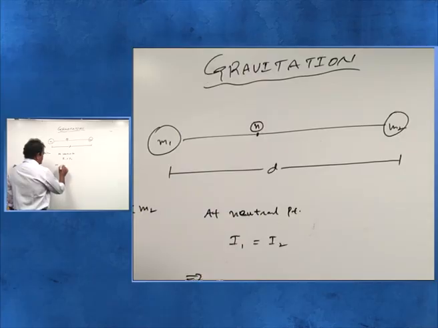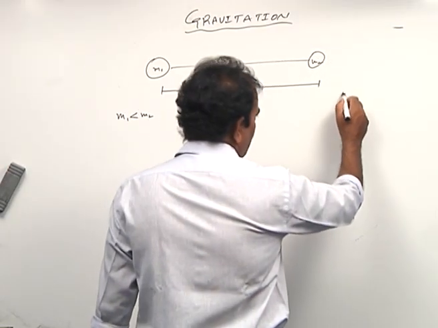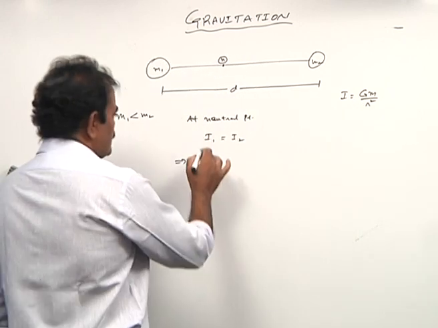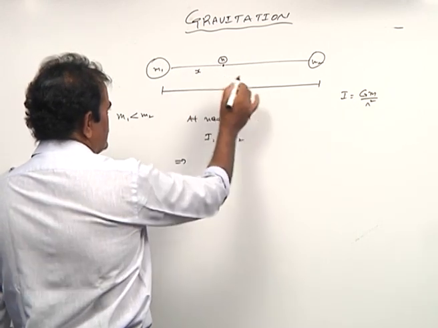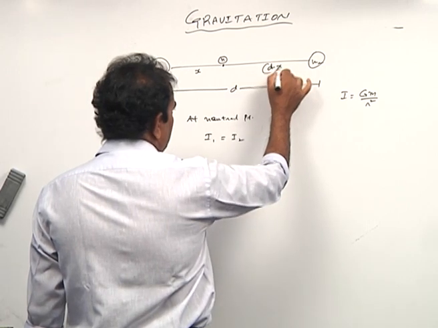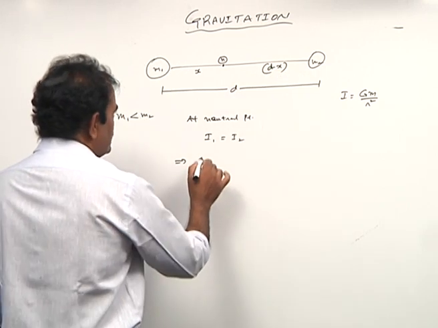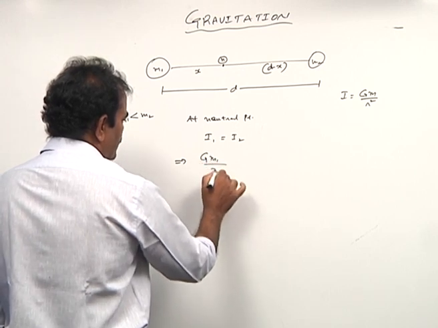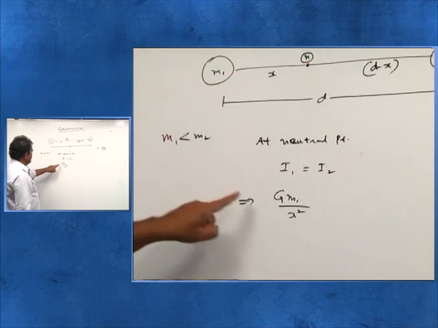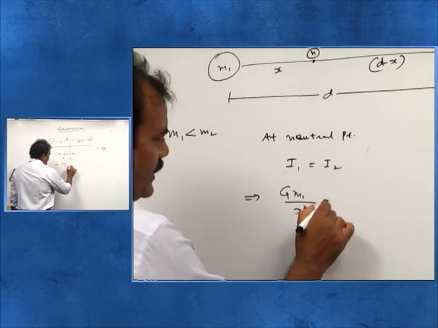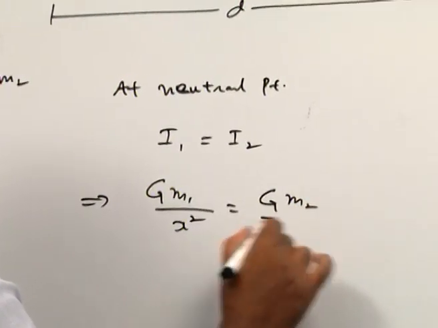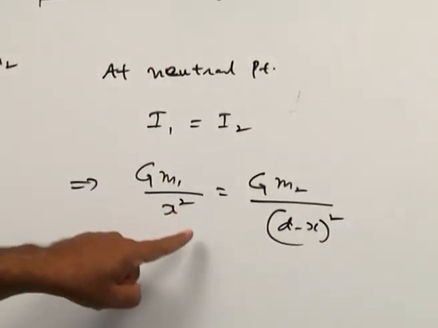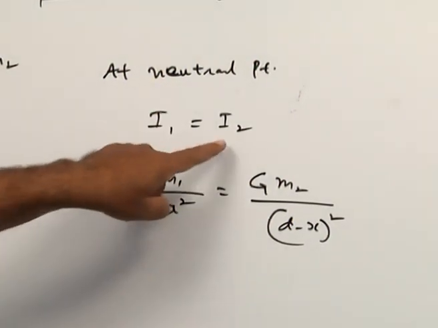Just now I derived the formula I is equal to Gm by R square, the intensity of gravitational field. Here we take x from the first mass and d minus x from the second. So I1 is equal to G m1 by x square, and I2 is equal to G m2 by (d minus x) whole square, because at a neutral point these are the same in magnitude.